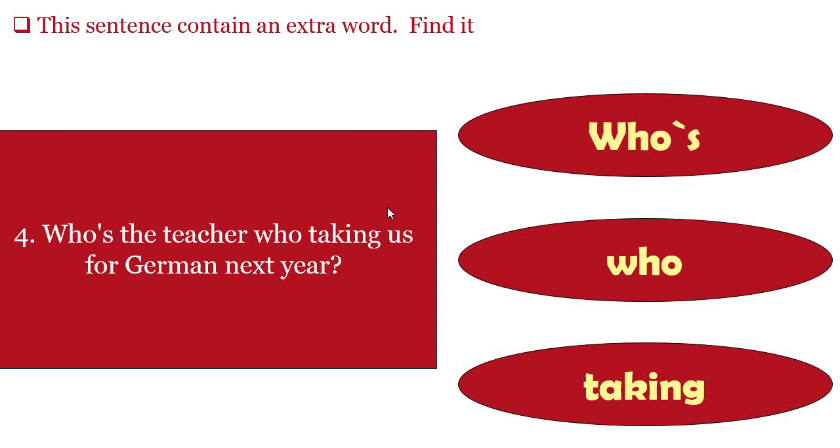Now let's look at the next sentence. Who is the teacher who taking us for German next year? The extra word is who is, or who, or taking. Which of them is the extra word? Yes, you are right. Who is an extra word.